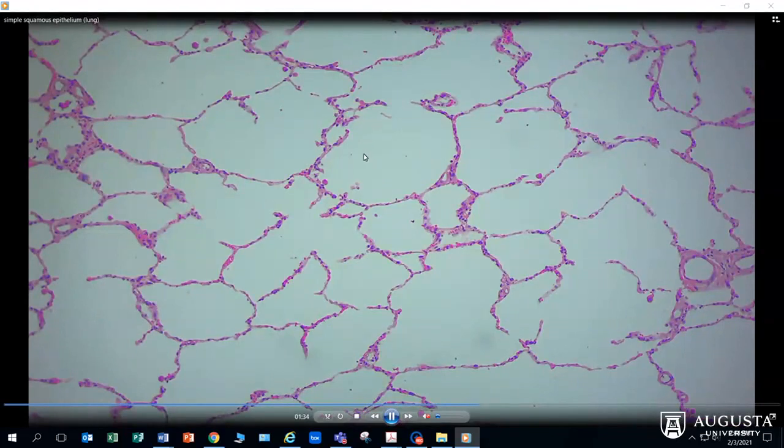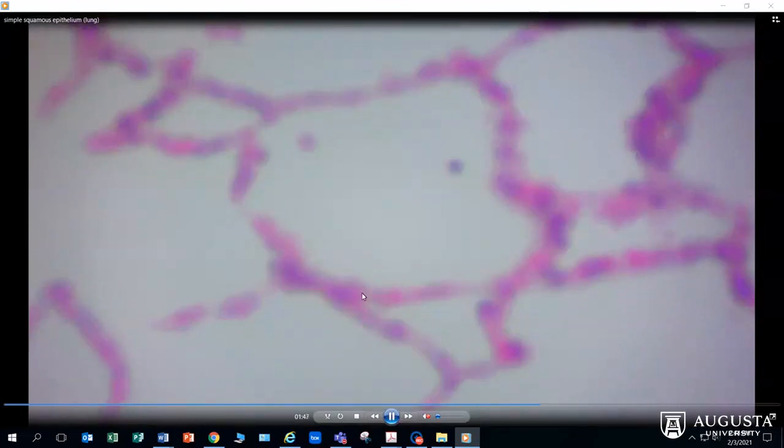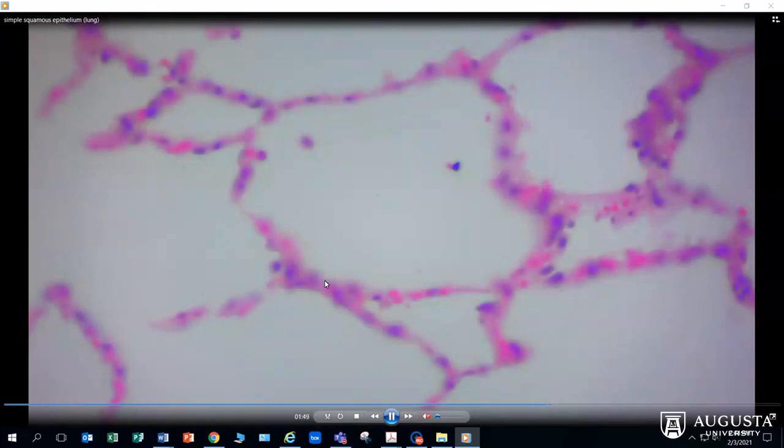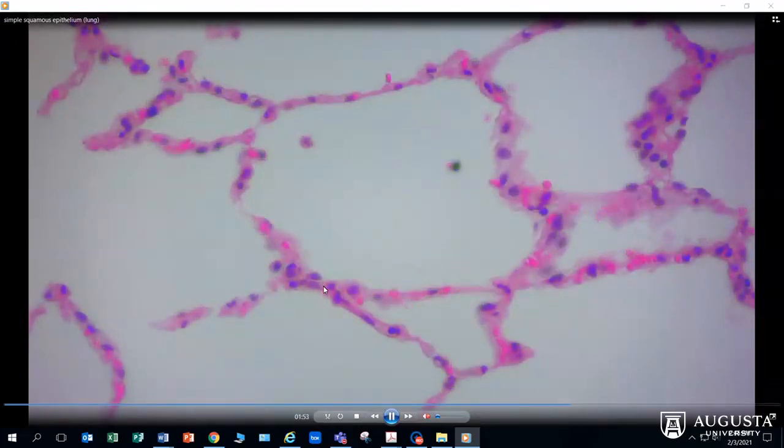The alveoli are going to contain air, and it's going to allow the oxygen and the carbon dioxide to diffuse across that membrane. So this single layer of epithelial tissue, these simple squamous cells, are going to allow oxygen and carbon dioxide gas exchange across this single layer of cells.